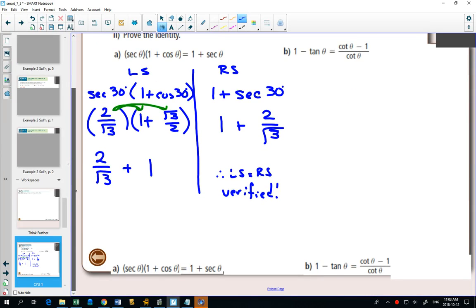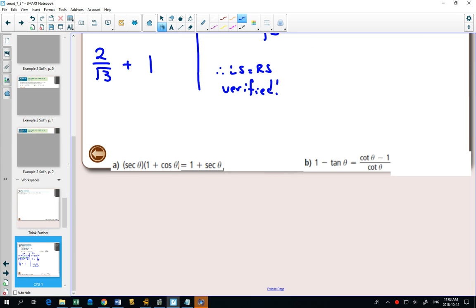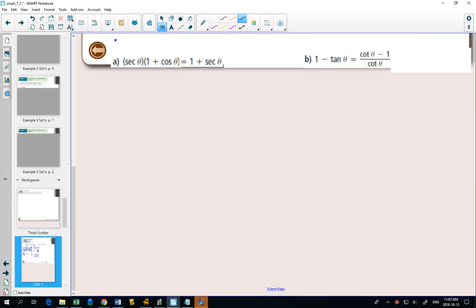Now, to prove it, remember when we prove something, we draw the line, and then we use our skills with changing things, the tools that we have. You know that secant is 1 over cos.